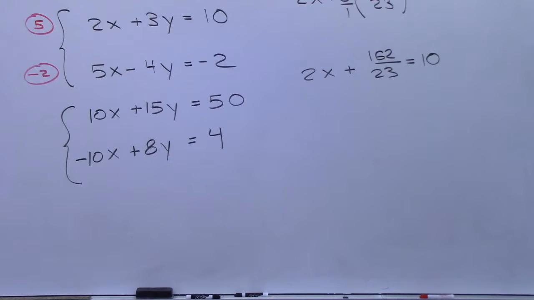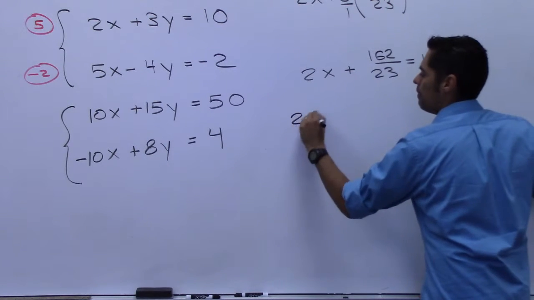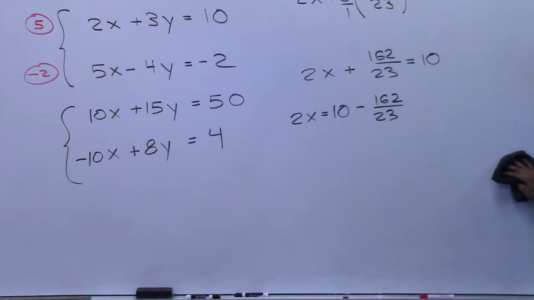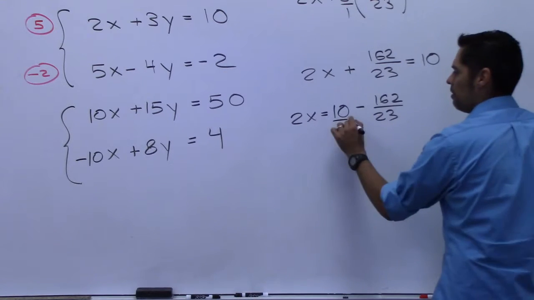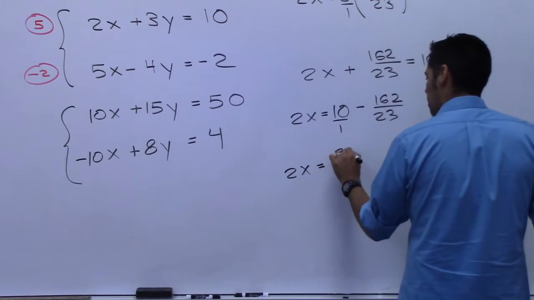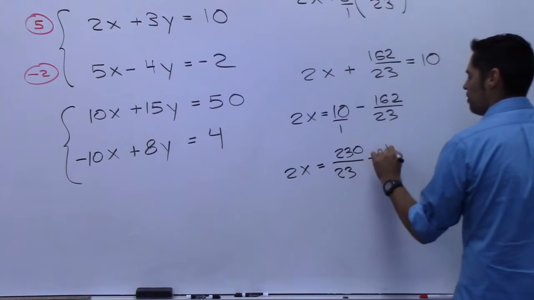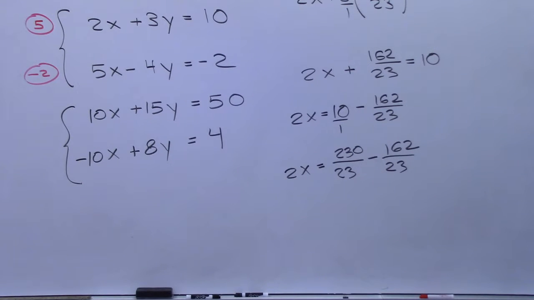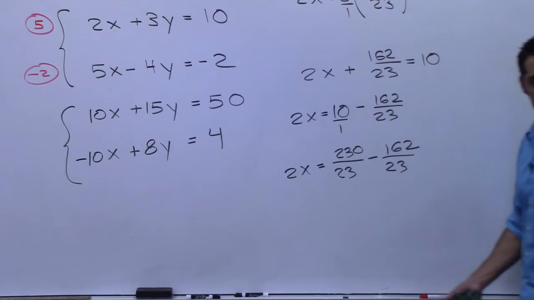Then subtract on both sides the 162 over 23. What now? We've got a common denominator of 23. So 230 minus, yeah, 10 over 1, so this will be 230 over 23 minus 162 over 23, which is 68 over 23.